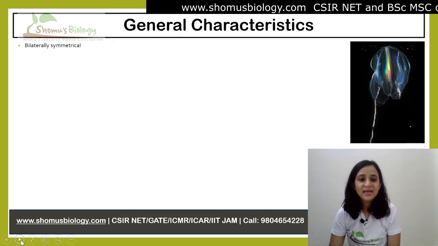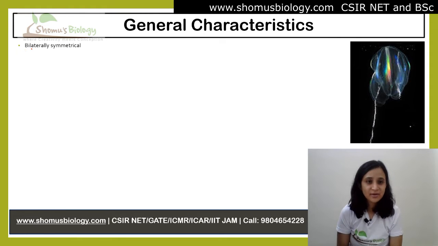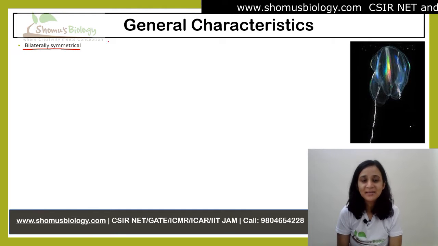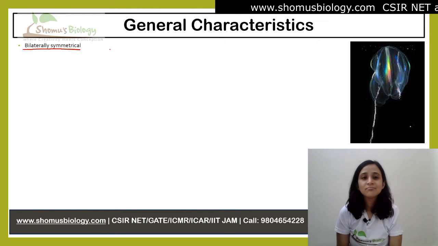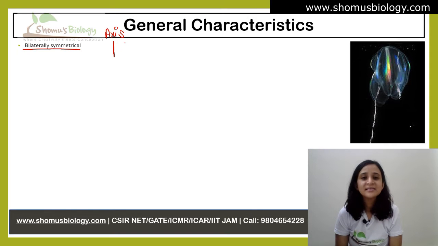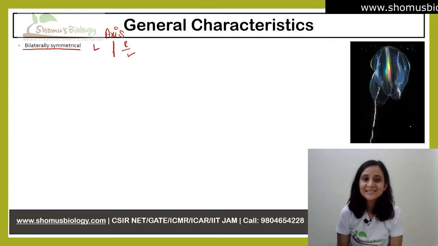Okay, so next, their body is bilaterally symmetrical. So what is bilaterally symmetrical? That means if this is the central axis, and this is the right side and this is the left side, the organs found on the right side are exactly the same as those on the left side.